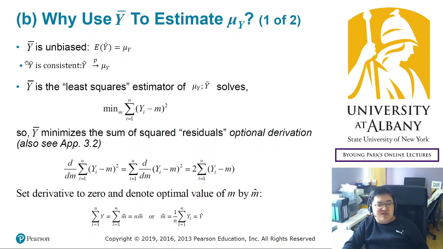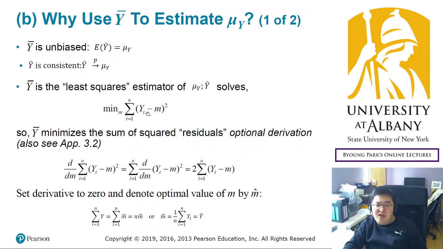Second, we learned that the sample average is consistent, so that the sample average will be exactly the true parameter without any uncertainty in the end, in the limit. And the third justification you can consider is this way. We measure the prediction errors in this way, and you minimize it.